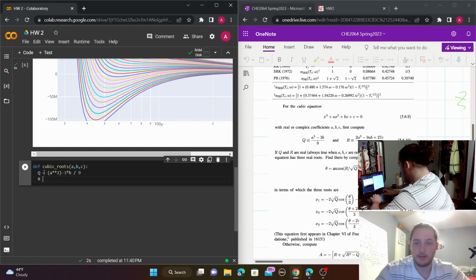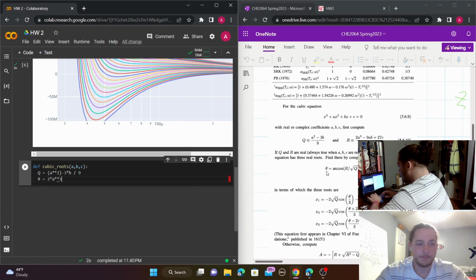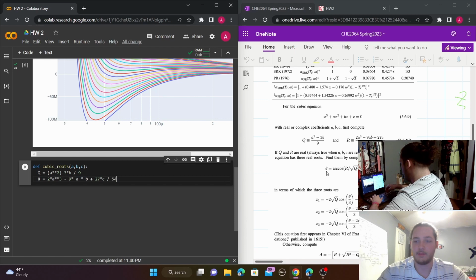And our r is going to be 2 times a cubed, minus 9 times a times b plus 27 times c, and then that is divided by 54.